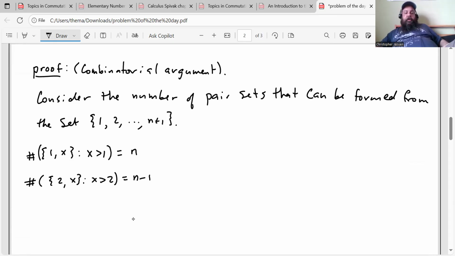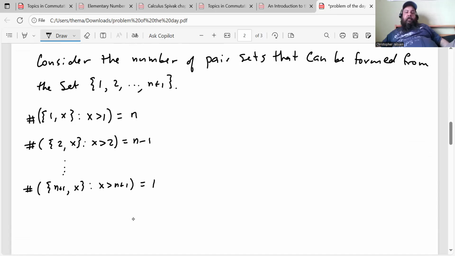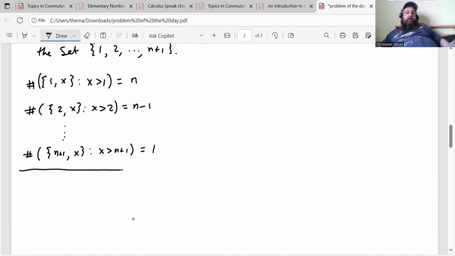Hopefully this makes sense if you think about it going down. The number of pair sets with n plus 1 as an entry, where x is greater than n plus 1, there's only one of those. And if you add all those cardinalities up, that gives you all of the pair sets.